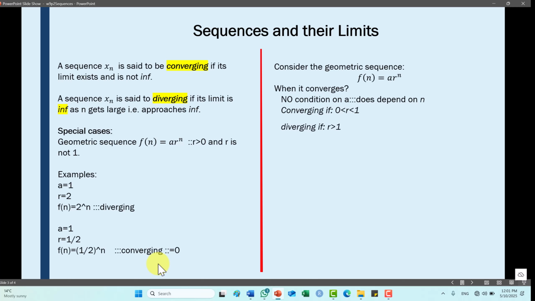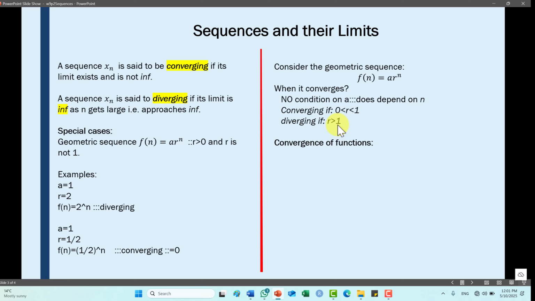In that case, as n gets larger, the whole sequence approaches 0. So this geometric sequence is converging if r is between 0 and 1, and it's diverging if r is bigger than 1. And in that case, the whole sequence goes to infinity.